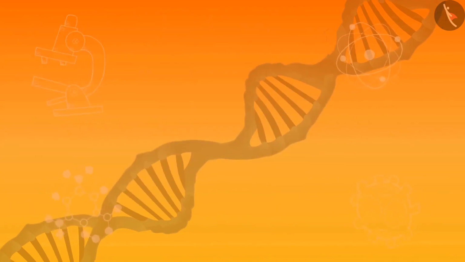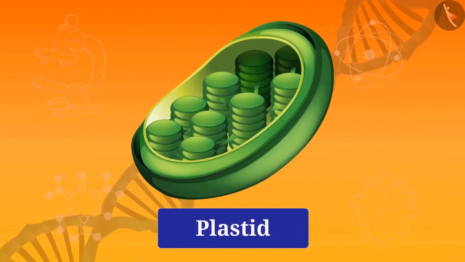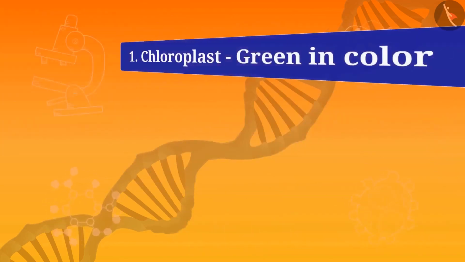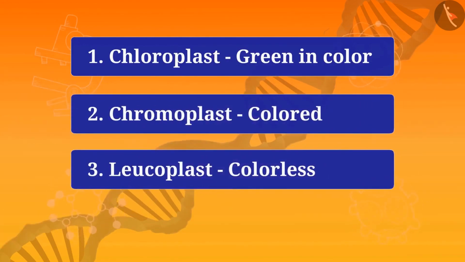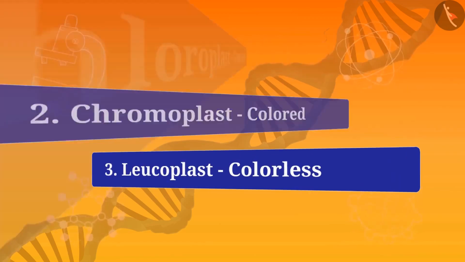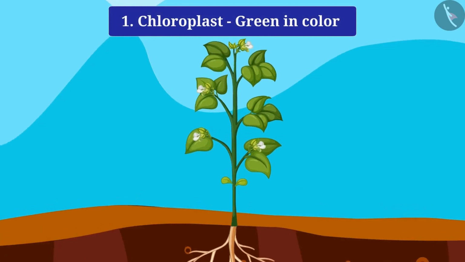Now, we will know about plastid, the next cell organelle. Do you know, guys, plastid is present only in the plant cells? There are three types of plastid: chloroplast, chromoplast, and leucoplast. Chloroplast is green in color, chromoplast is colored, and leucoplast is colorless. Let's know about them. First is chloroplast.